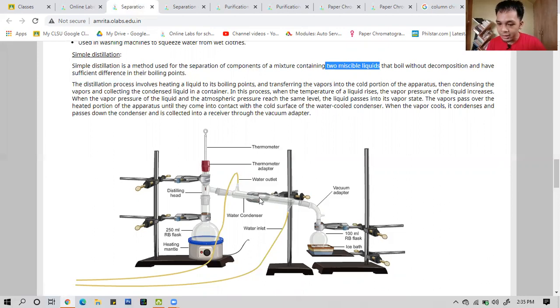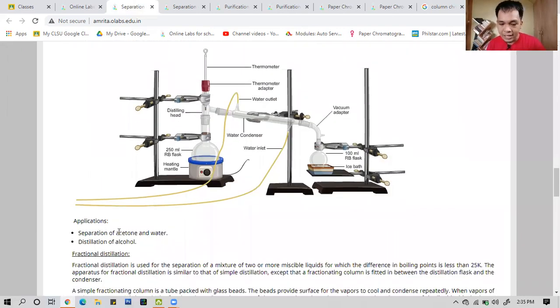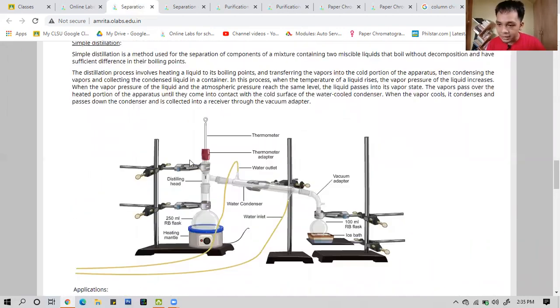So condensation happens in the condenser, and the round bottom flask catches the component with the lower boiling point. Sorry, guys, it is acetone and water that we used here.